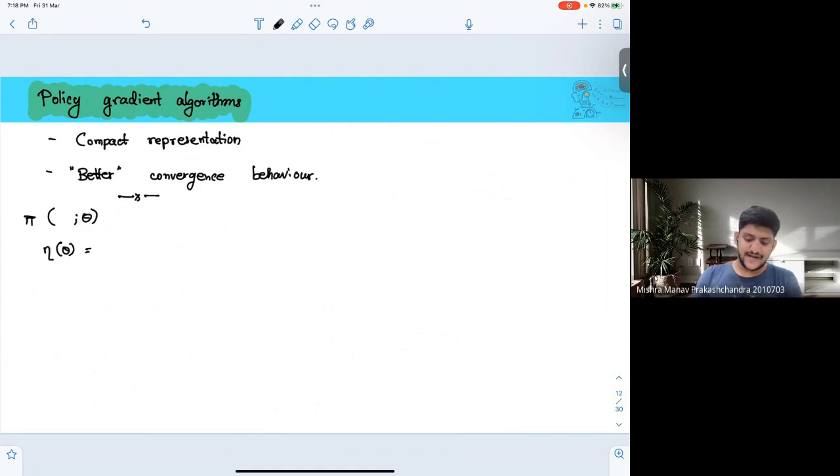For the bandit case, the performance measure looks like this: eta of theta is equal to the sum over a of q star of a times pi of a given theta. Similarly, we define the gradient for this eta theta as 1 by n.